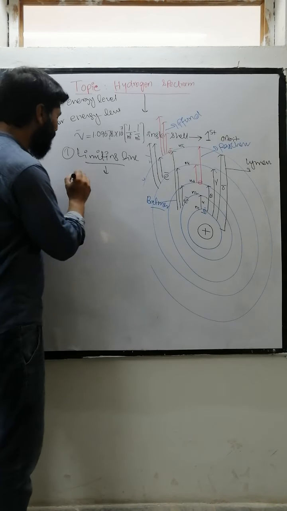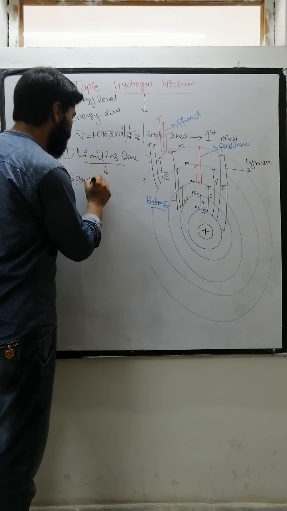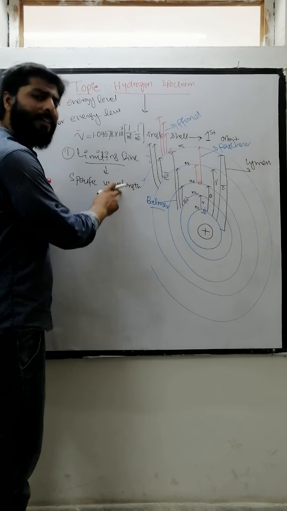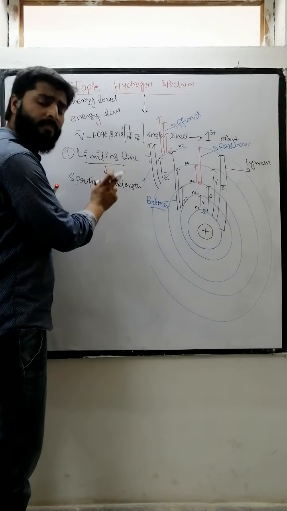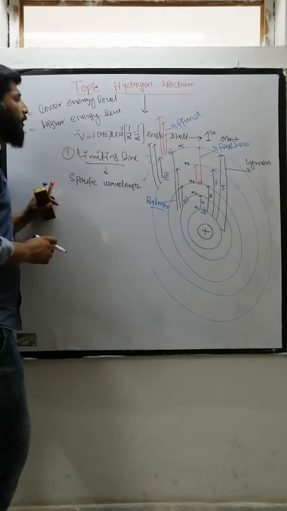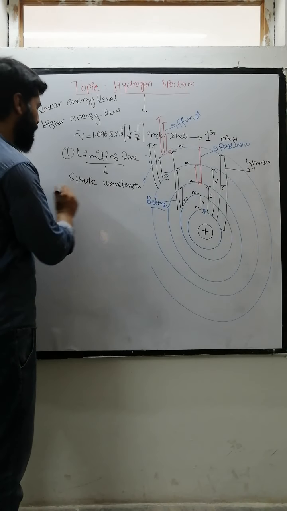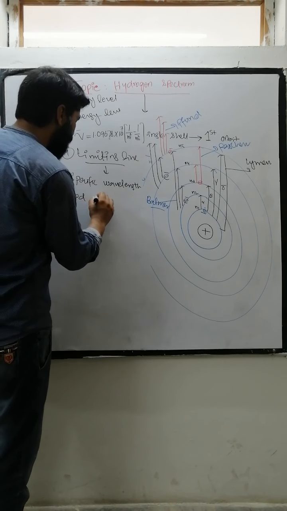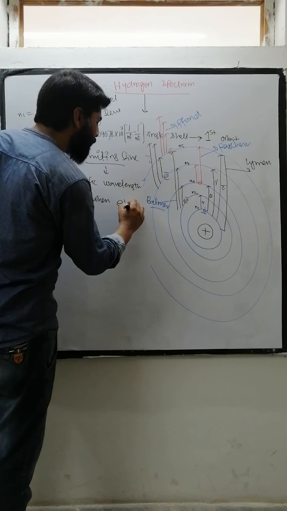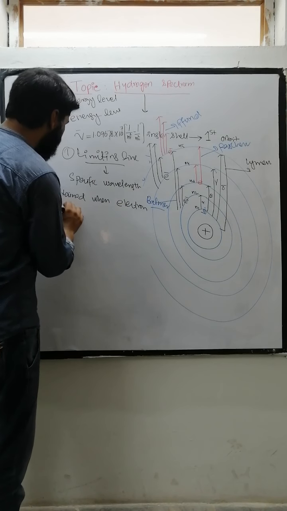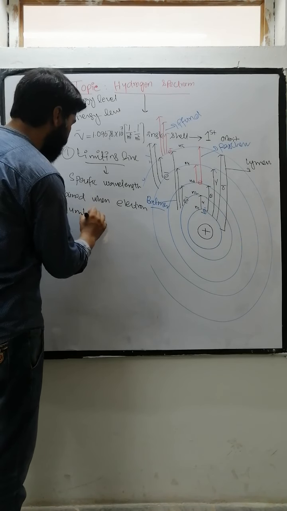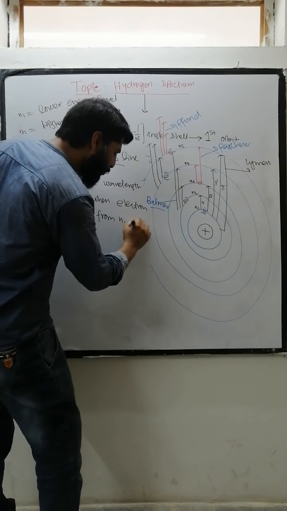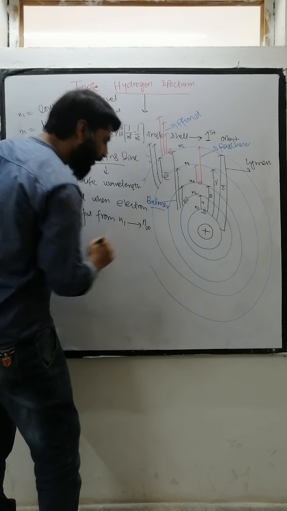The limiting line is a specific wavelength, specific energy, specific wave number, specific frequency, obtained when the electron jumps from n1 to n infinity.